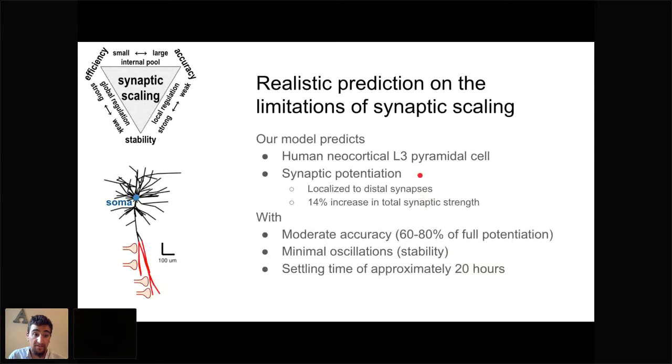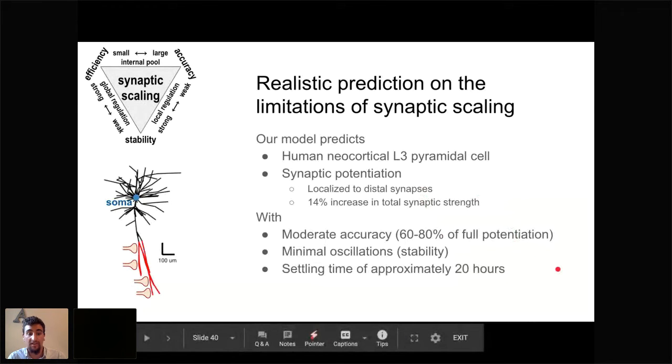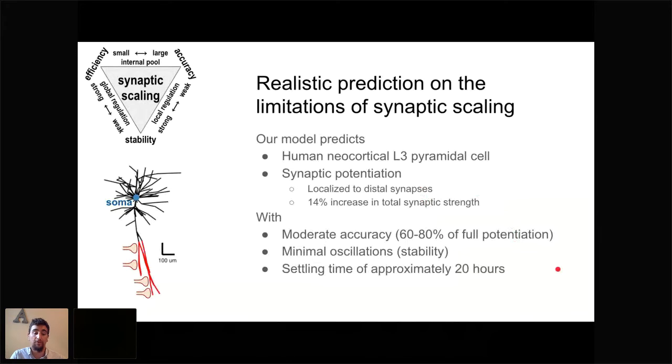We can predict stable scaling with minimal oscillations and a settling time of about 20 hours. It's worth noting that this is the best a neuron can do. If the neuron wants a faster settling time, something has to give. If the neuron wants better synaptic accuracy, it's going to be slower or less stable.